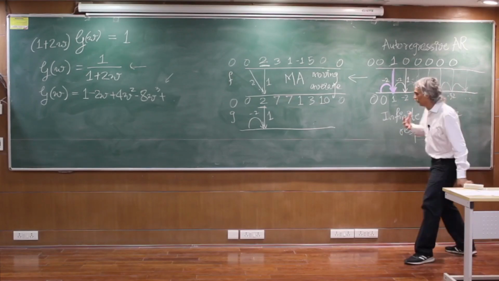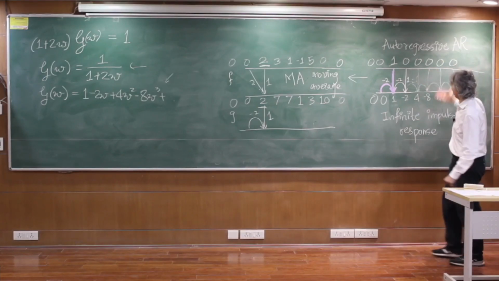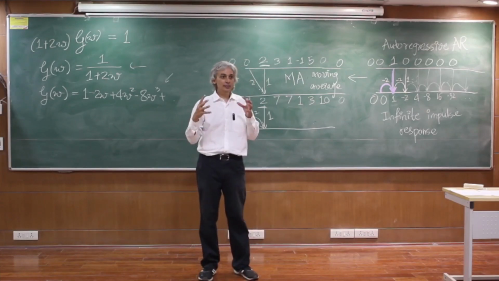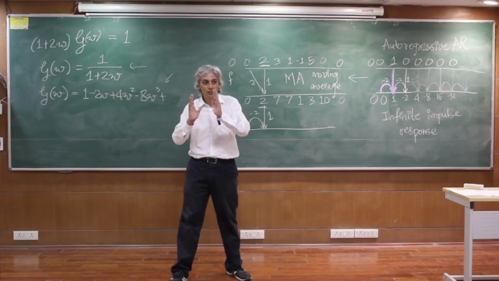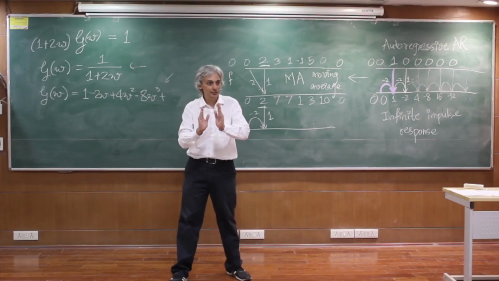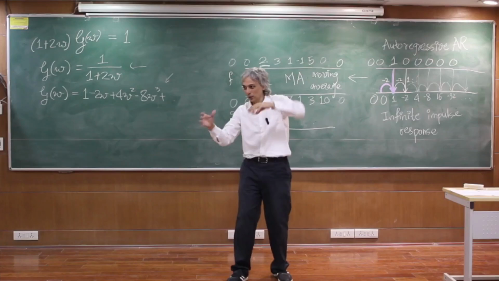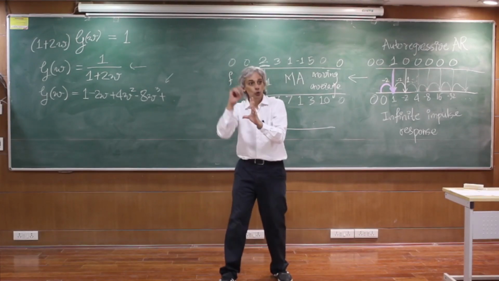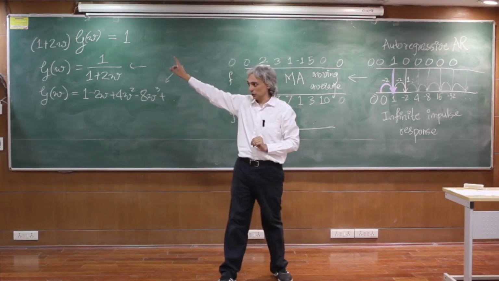This is the very interesting thing about an autoregressive filter as an infinite impulse response filter. The interesting thing is that it has got an infinite impulse response, but it has got a finite implementation. The reason this structure is so interesting is that with finitely many additions and multiplications, you get the benefit of a convolution which has an infinite impulse response.